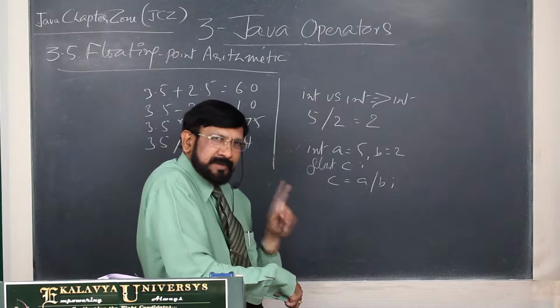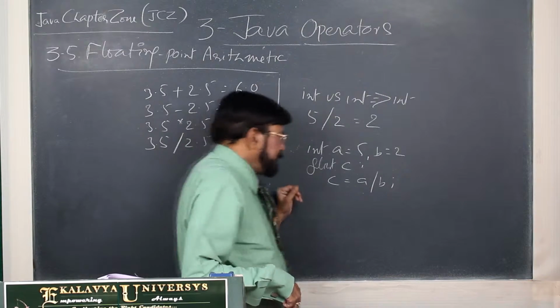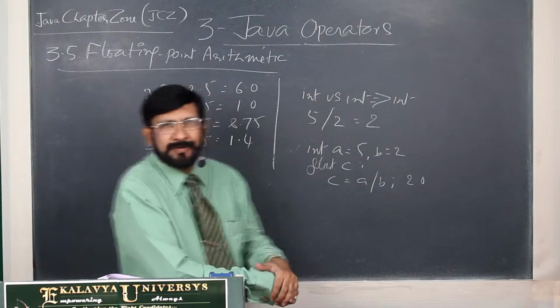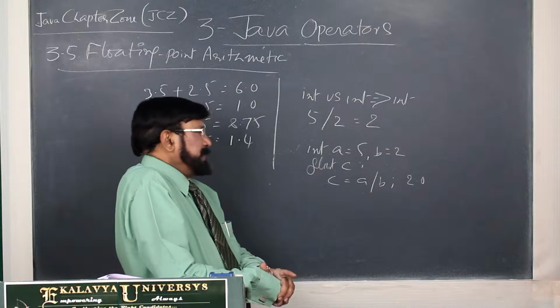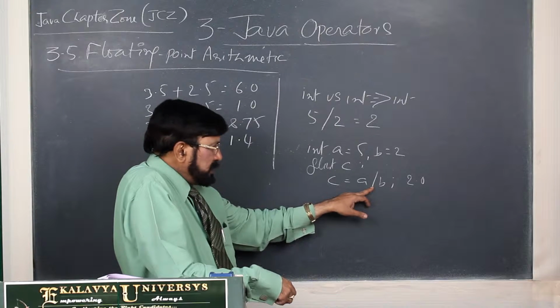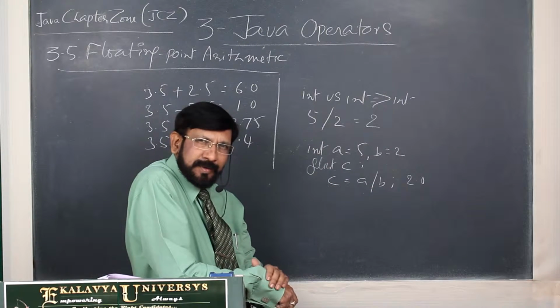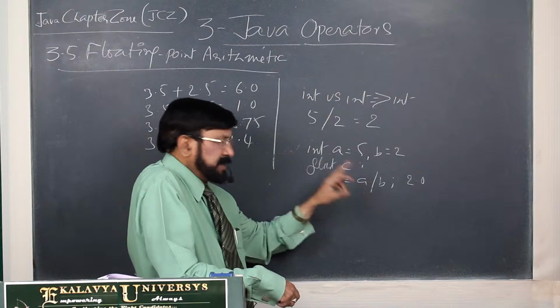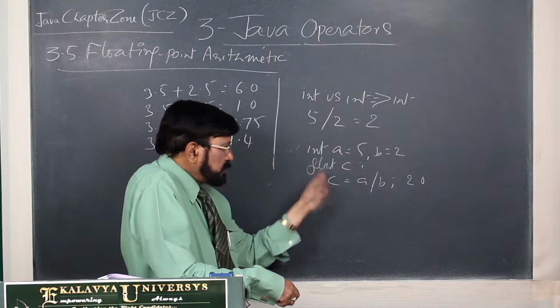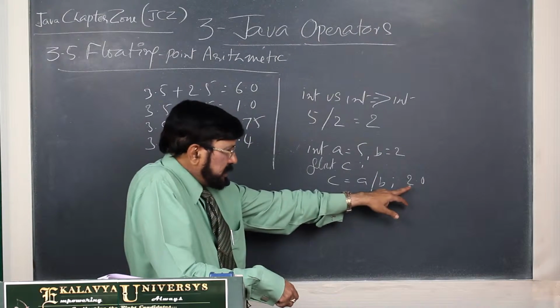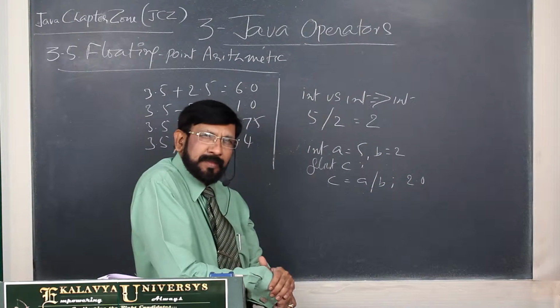Actually, this is neither 2 nor 2.5. This is 2.0. Why is it 2.0? Simply, you are storing the result in floating point data type. That's why the integer 2 is converted into floating point, and it is printed as 2.0.